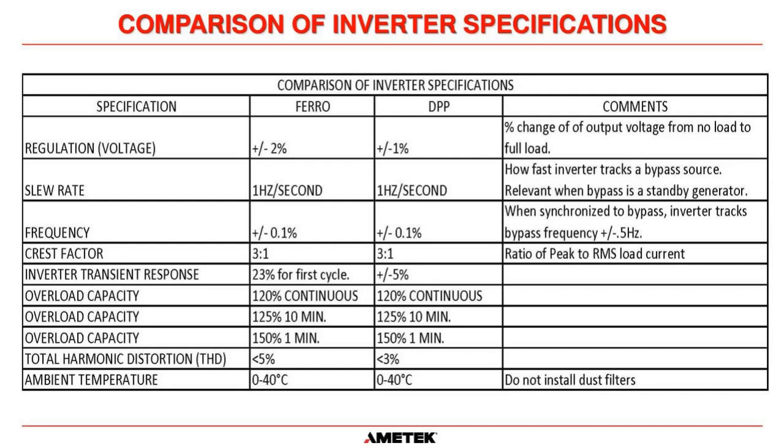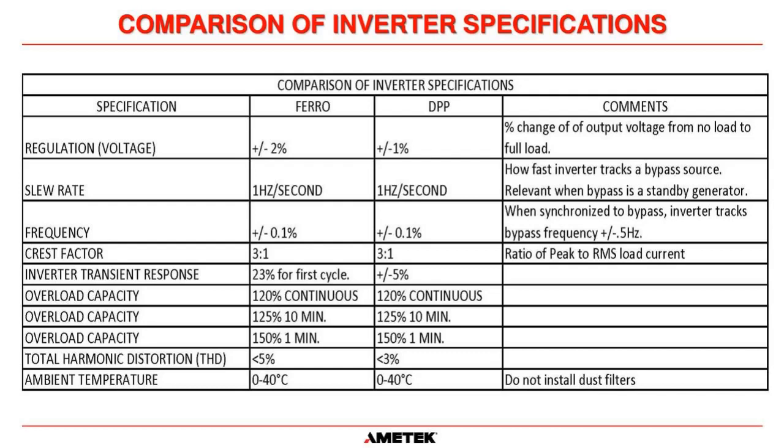But in other areas where they either don't have a grid or it's not as stable, we have to limit how far we track the bypass. So anytime we go out of limits, the inverter breaks synchronism and reverts to its own internal clock, which is set right on 60 hertz. So it syncs to its own reference when the bypass is not acceptable. All right.